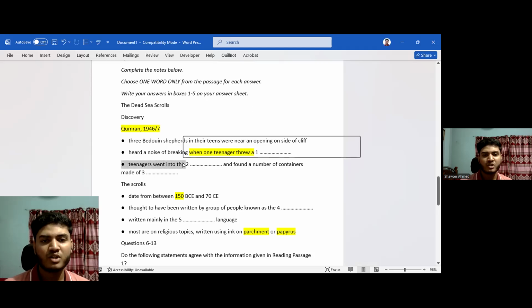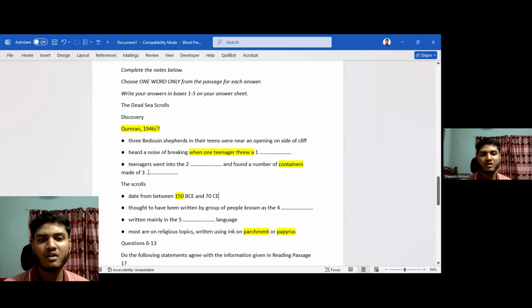Teenagers went into the something and found a number of containers made of something. So what are the containers made of? It can be made of clay, it can be made of something else. So the material of the containers. And for this question, the teenagers went into somewhere, not the river, maybe the mountain.